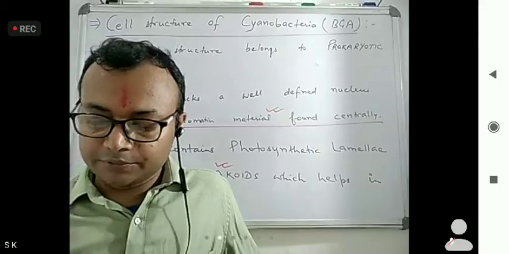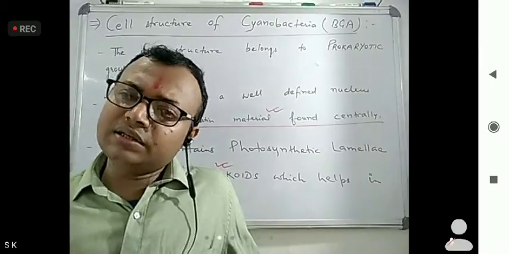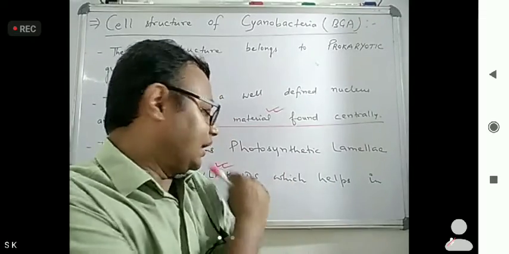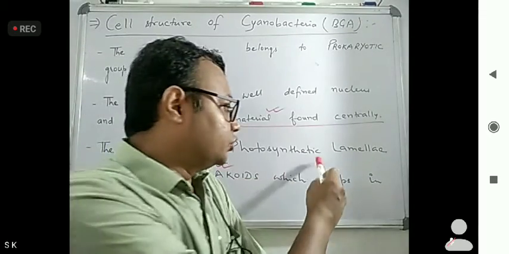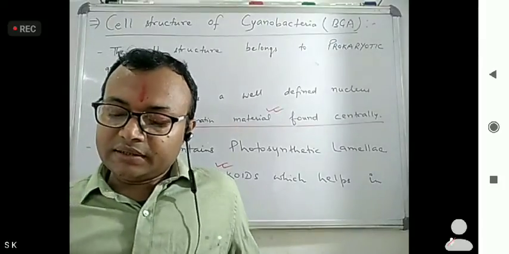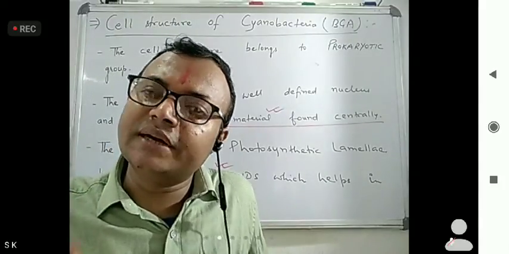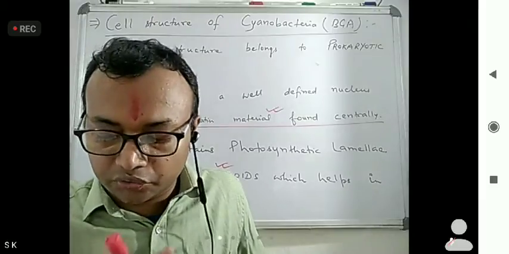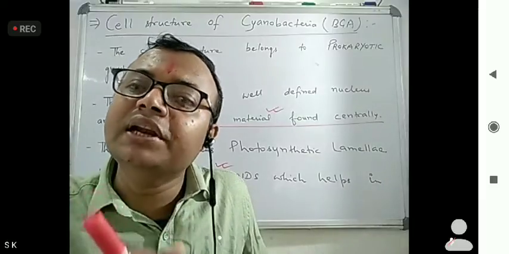Now these thylakoids, the photosynthetic lamellae, contain photosynthetic pigments. What pigments are there? That is important. Chlorophyll a and phycobilins are present.